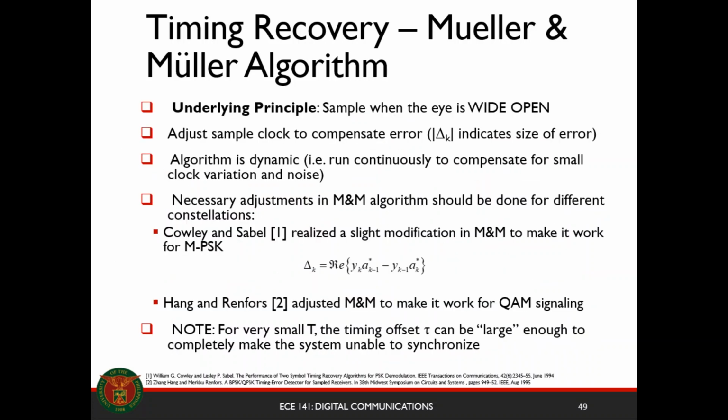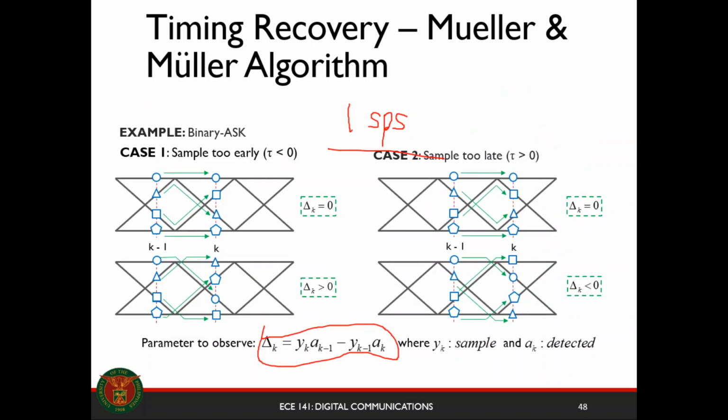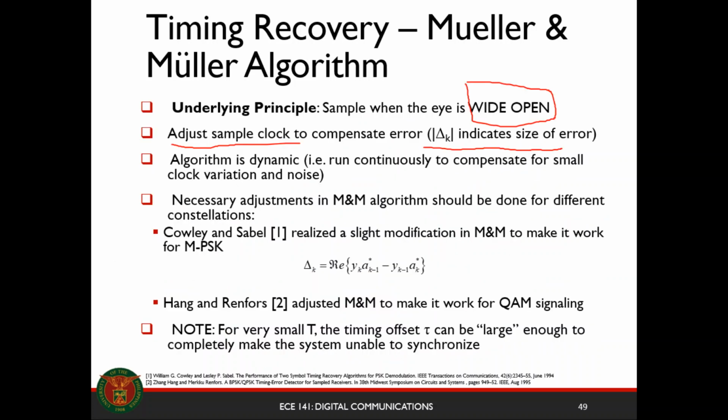So the underlying principle is you sample when the eye is wide open, and I discussed this earlier. To compensate for the error, you need to adjust the sample clock correctly, where your delta K, for all 3 algorithms, not just M&M, indicates the size of the error. And the algorithm should be dynamic and should run continuously to compensate for small clock variations and noise.